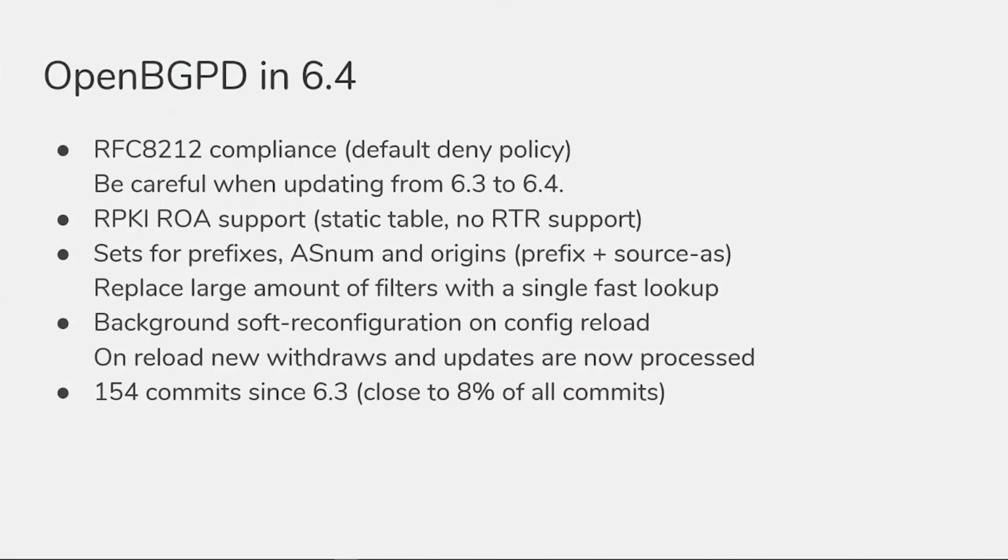These sets can be used for prefixes, for AS numbers, or for origins, which is what the ROA support needs: a combination of a prefix plus a source AS. With these, you can replace a large part of these filters with one single fast lookup.